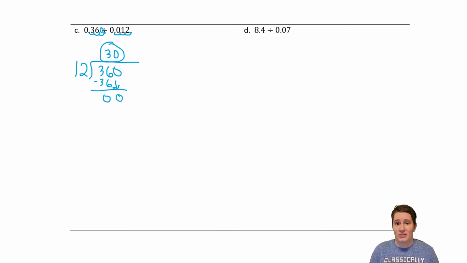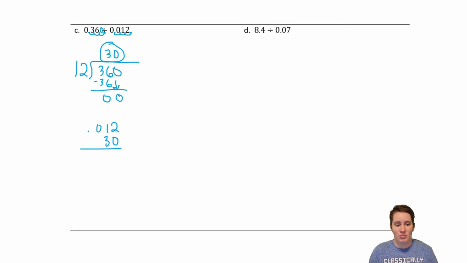Okay, just a reminder that we can actually check these. And so when we're checking these to see if they work out right, we would take what we started with, this 0.012, and we would times that by our answer, which is 30. So we don't times 12 by 30, although that will give us 360. If we say 0.012 and we times that by 30, that should give us the decimal we started with, 0.36.